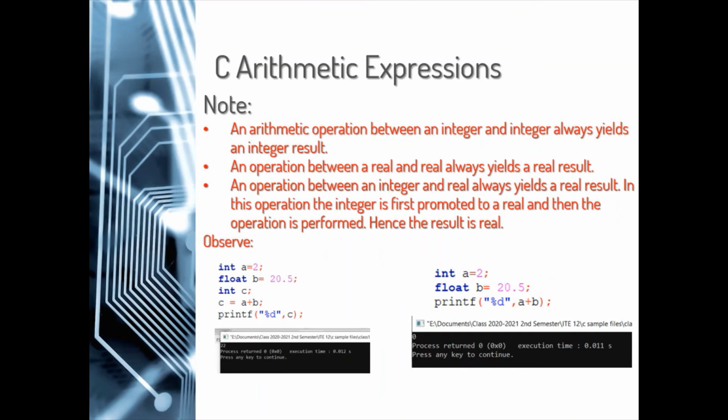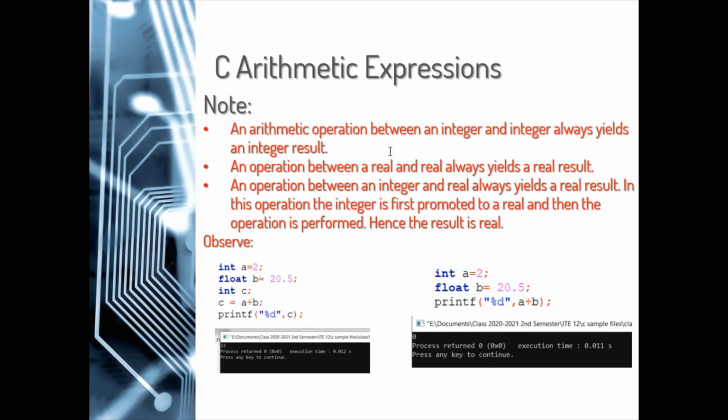Okay, so here is an additional note that you should keep in mind, because you might get confused when you encounter this later. If an integer is operated with an integer, the result is always an integer.